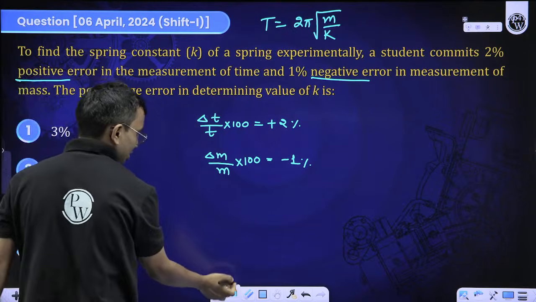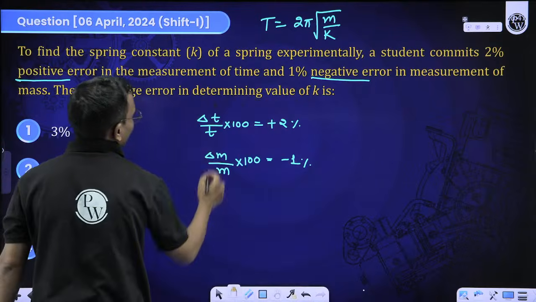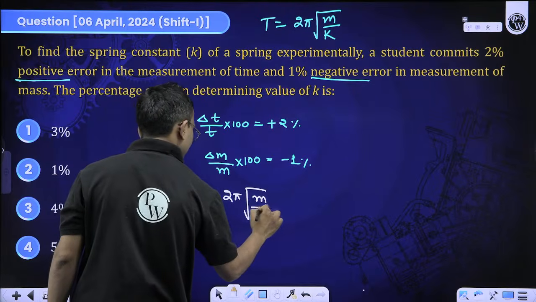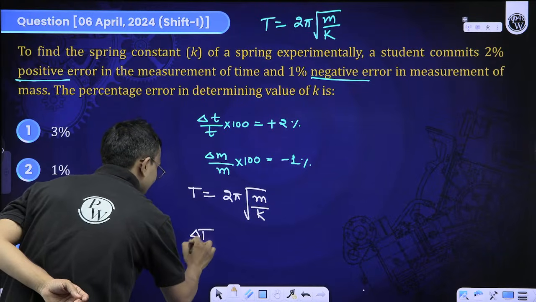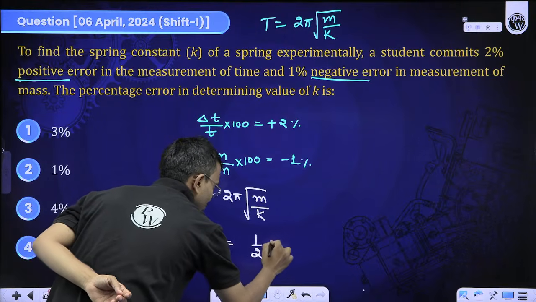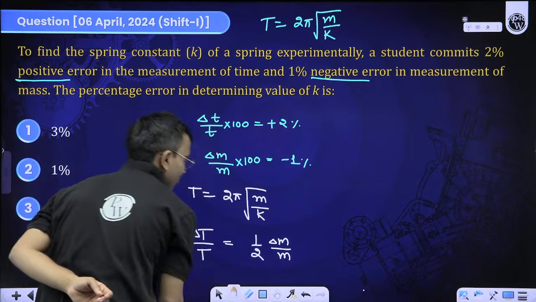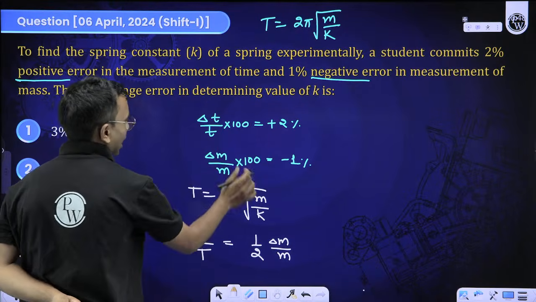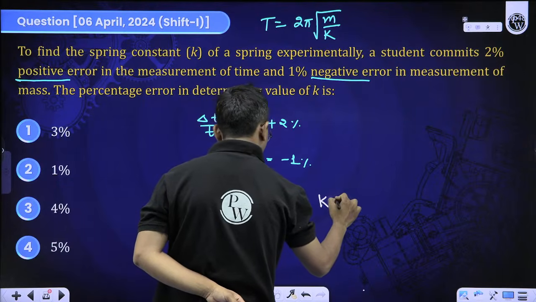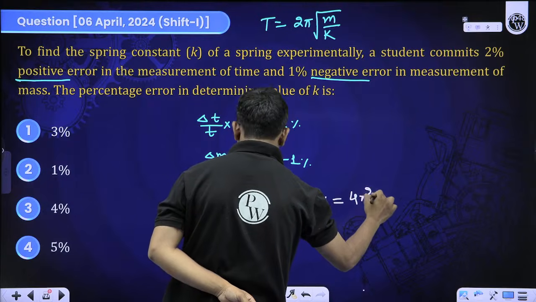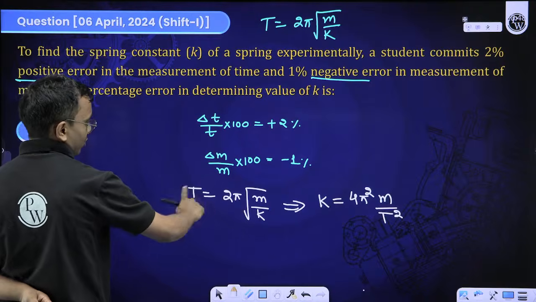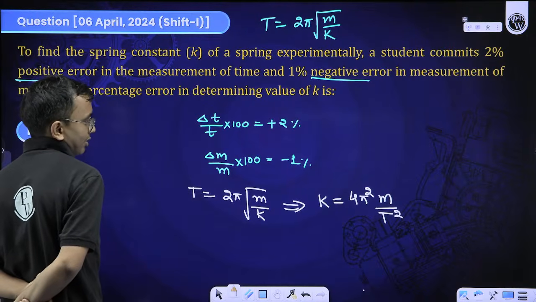So use this expression, T is equal to 2 pi root M by K. Sorry, I have to find the value of K. So first write the relation for K. That will come out to be 4 pi square M by T square. First of all, write the relation of K.